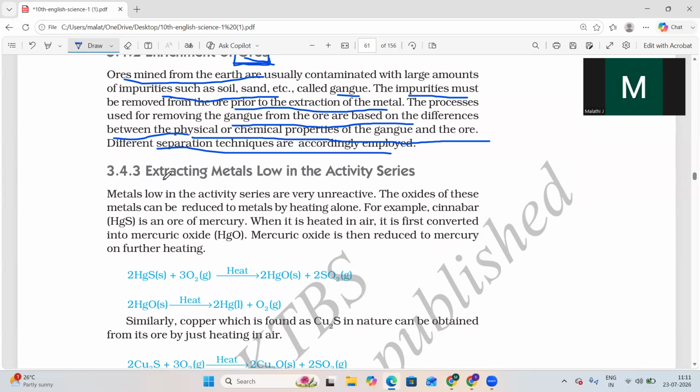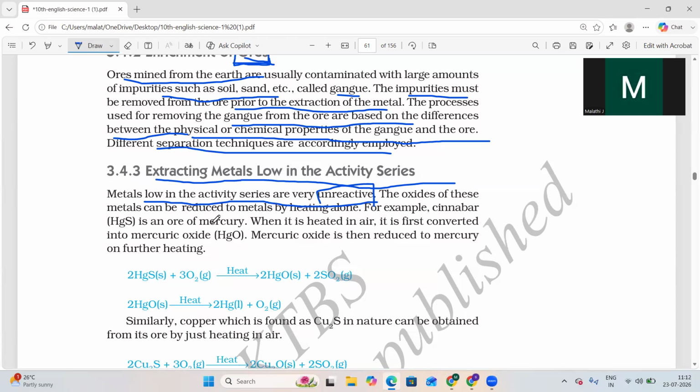Now, first, how do we extract the metals low in the reactivity series, which we studied last class? Low reactive metals do not react very much, and they do not react easily with other compounds in nature.